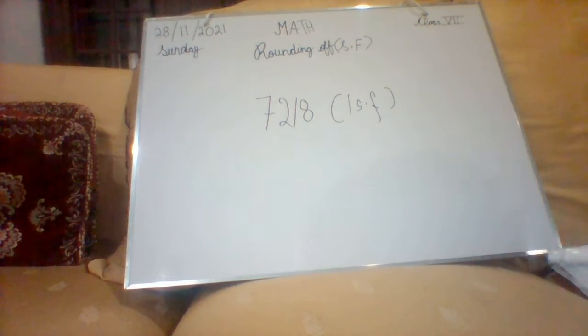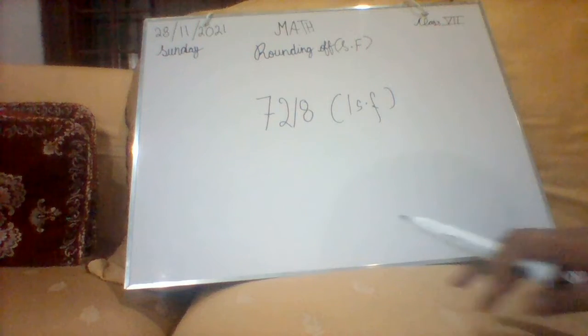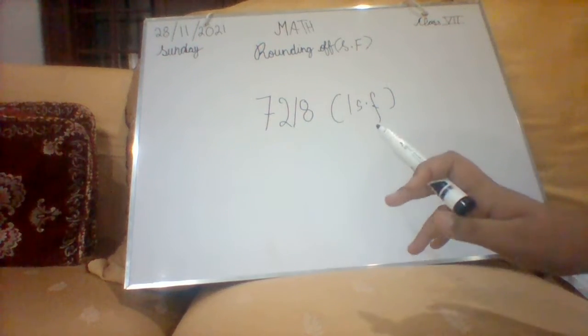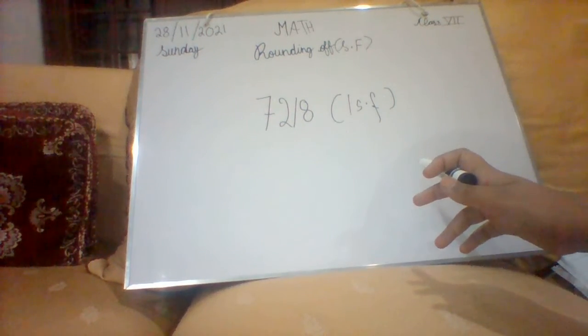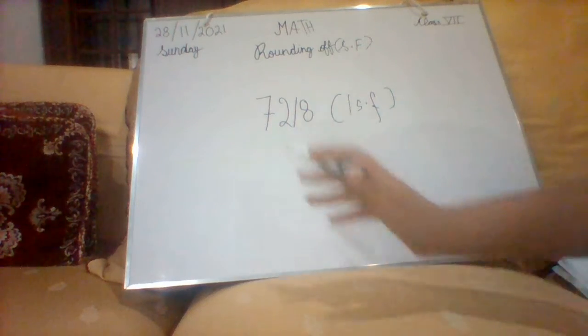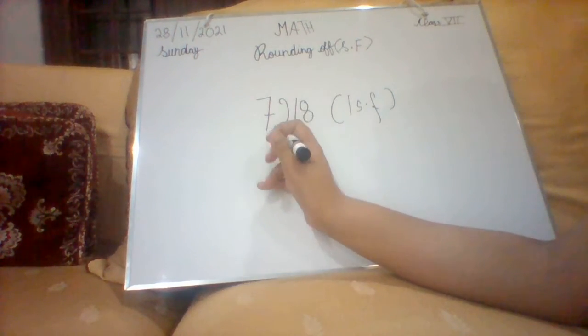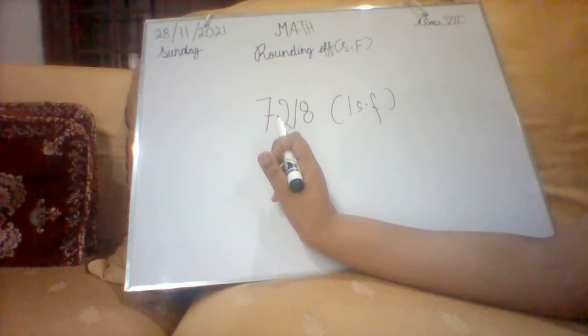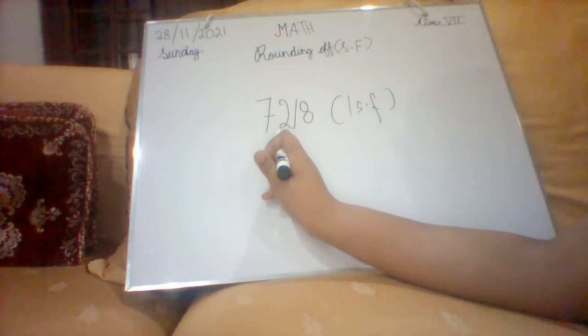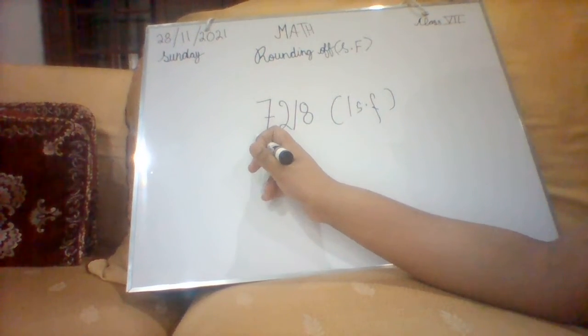Can you do it? When we are told how many significant figures to round off to, we start from the first digit. So for 1 significant figure, we take 7 and underline it.